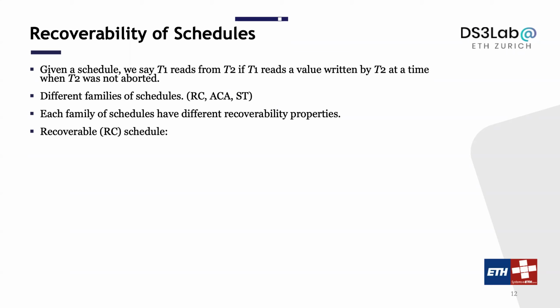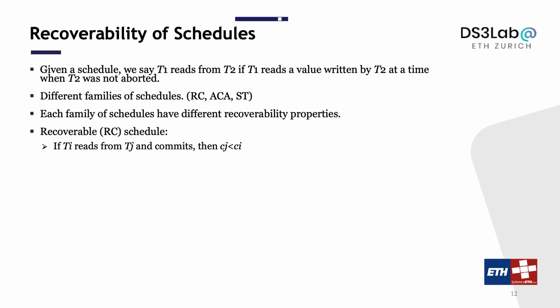The first type of schedule is called a recoverable schedule. We say RC. Essentially, a schedule is in RC, is recoverable, if the following is true. In that schedule, if Ti reads from Tj, remember what I mean by Ti reads from Tj: it means that Tj updates the value of something, and then before Tj aborts, Ti reads that value.